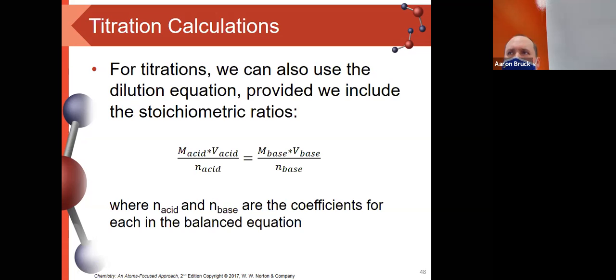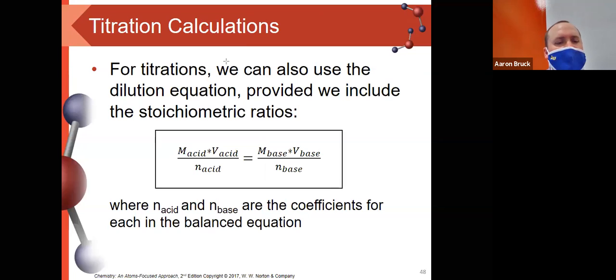So any kind of titration, like the ones that we just did this week, instead of going through the normal stoichiometry rigmarole of doing that series of 3 conversion steps or whatever it is, since we're going to end up going from volume to volume or molarity to molarity, we can use that to our advantage. And that's where this equation comes in. This is our titration equation.